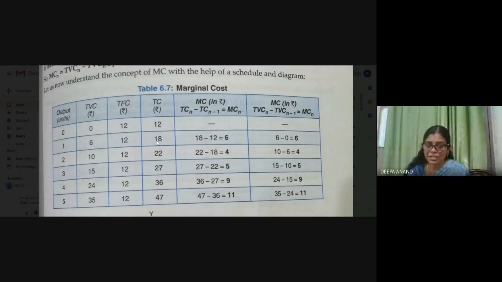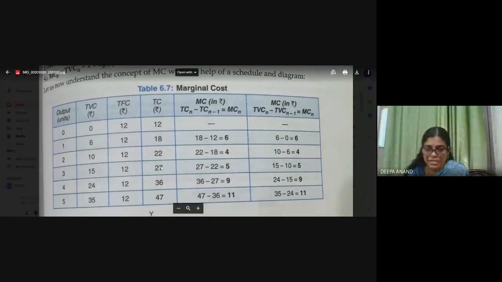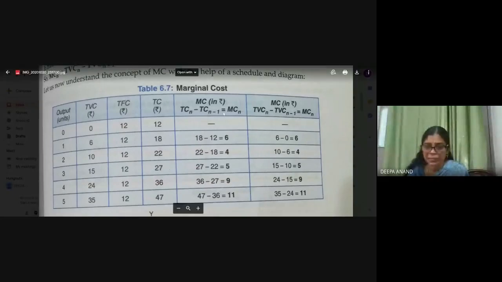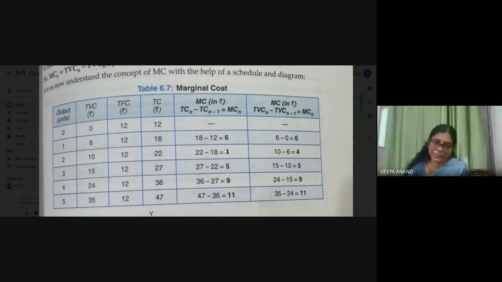Theoretically, in every additional unit, what is the additional cost? 12 से 18 बन गया तो 6 और बढ़ गया. So in the form of equation, it is TCn minus TCn minus 1. For any TC 27, what is MC? Its previous, that is TCn minus 1. 27 minus 22, 22 minus 18. So in this column you will get marginal cost. Okay, this is the marginal cost.